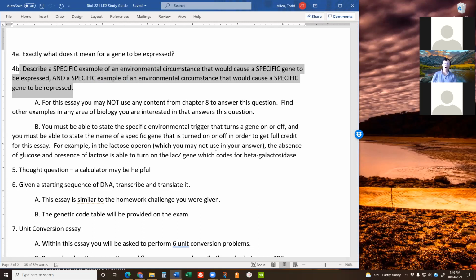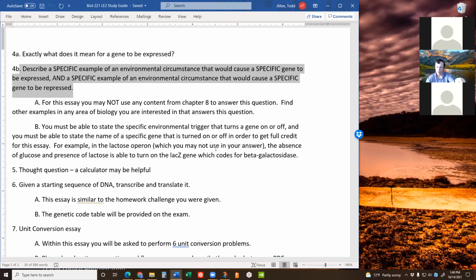So in the lactose operon, the specific example of an environmental circumstance that would turn genes of the lactose operon on were the absence of glucose and the presence of lactose. There's your environmental circumstance.